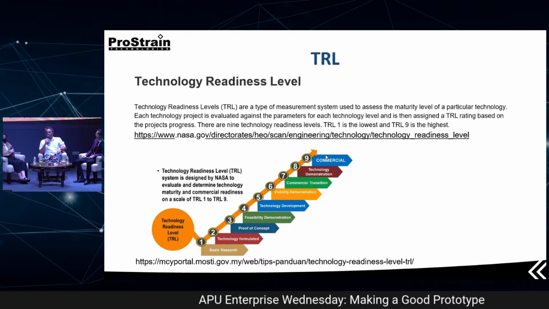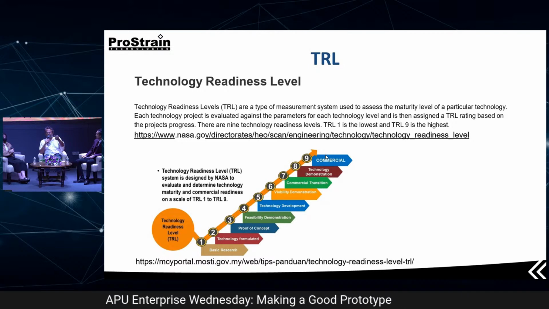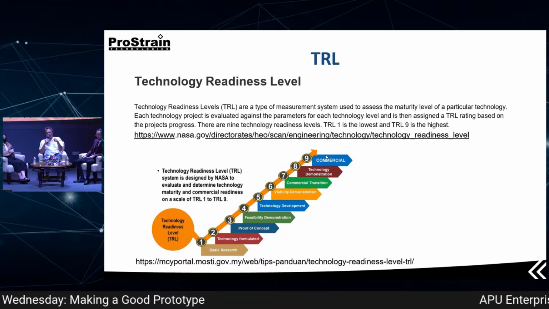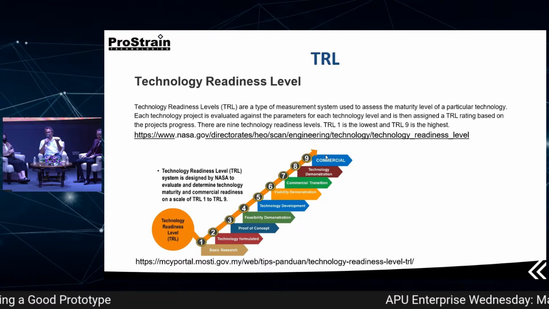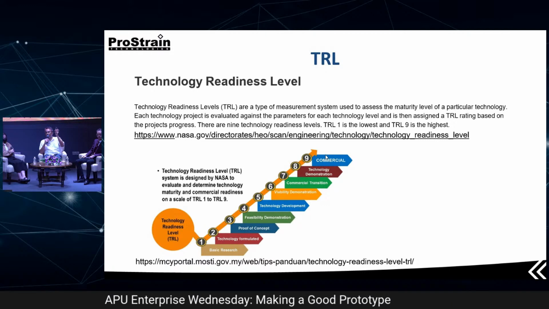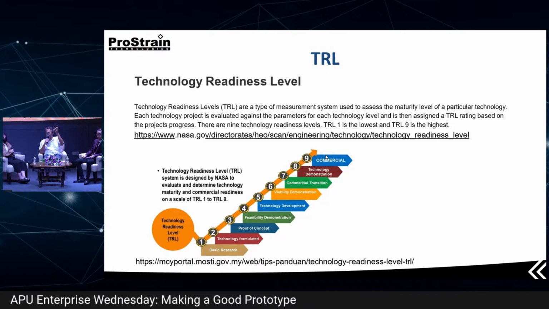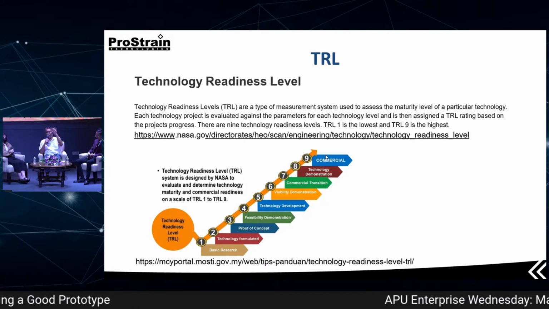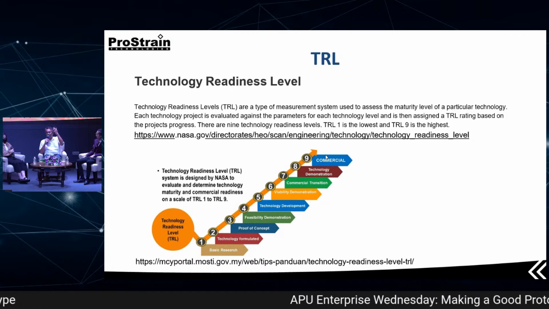As you can see in the picture, you can read the definition of TRL. It is how you assess which TRL level a prototype is at. Now we are talking about prototypes. A product is normally already at TRL 9.